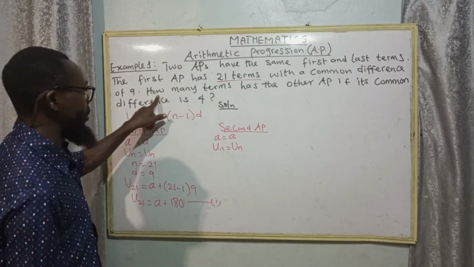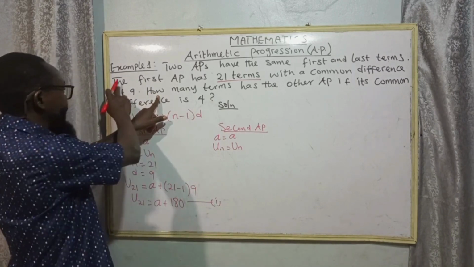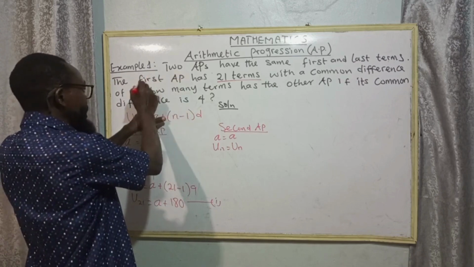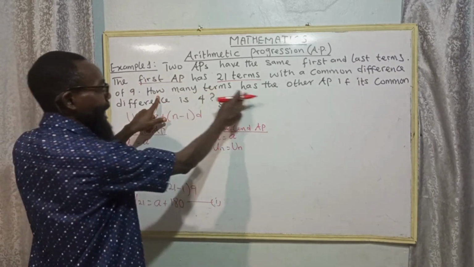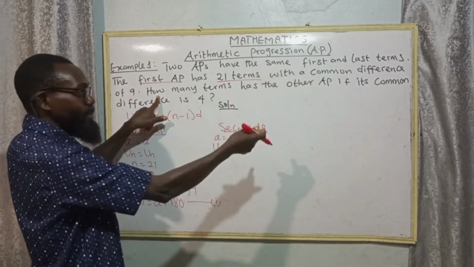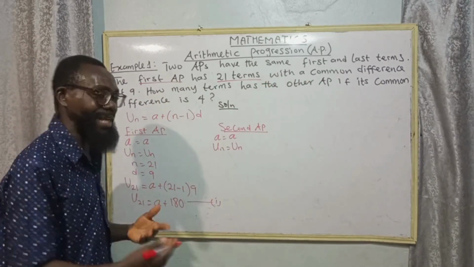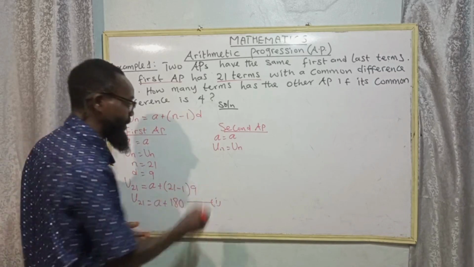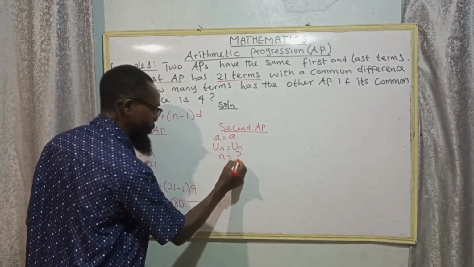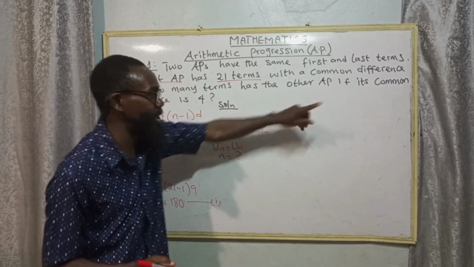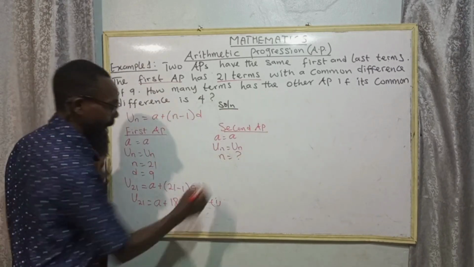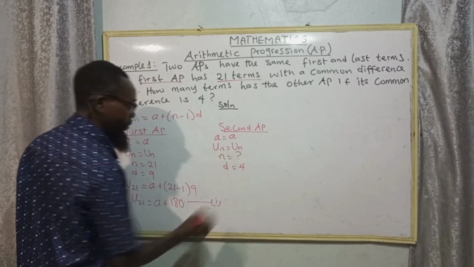Now, this second sentence is talking about the second AP. How many terms has the other AP? When they say how many terms, they refer to the number of terms, and in this case it is unknown. If its common difference is 4, our d equals 4.